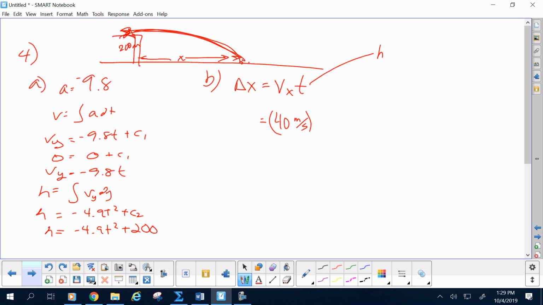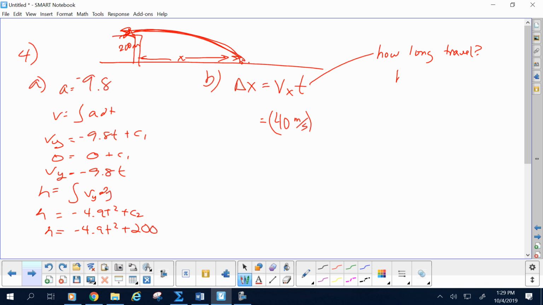So how do I find it? How long is it traveling? How do you find it? Multiply. Multiply what? Yeah, that's true. I will multiply it, but again, I don't have the time, so it's hard to multiply.